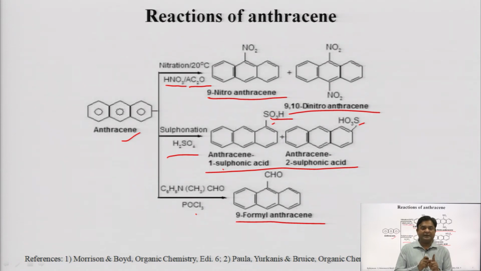So in the first step an electrophile is generated, in the second step a carbocation is formed, and in the last step that carbocation gives up the proton, to give the substituted product. So in the last step removal of the proton from the intermediate carbocation occurs. This reaction mechanism is followed whenever we are talking about electrophilic substitution reactions.